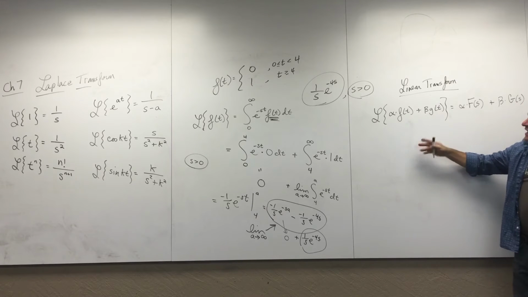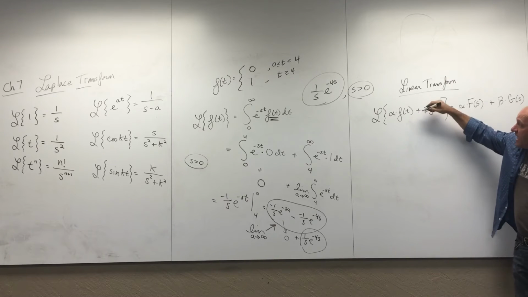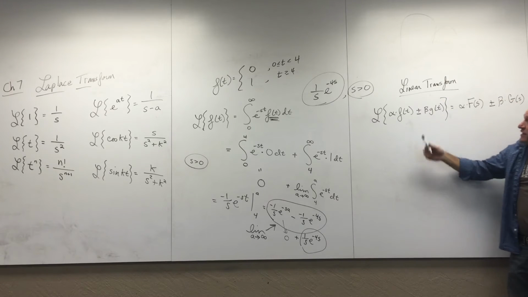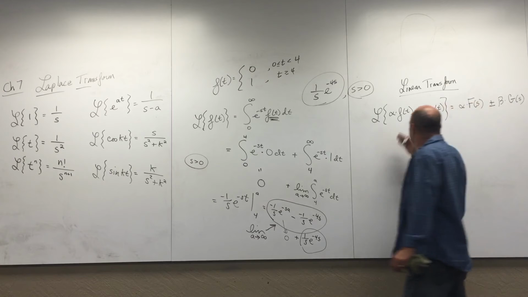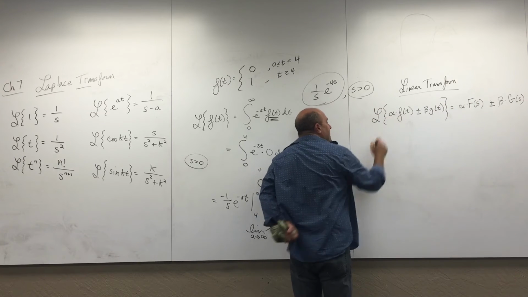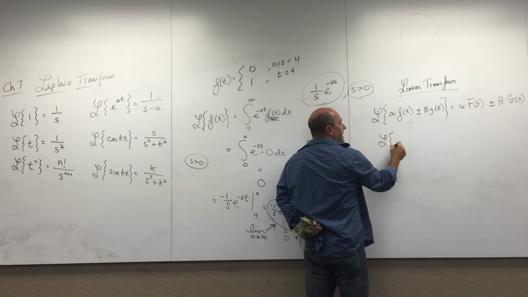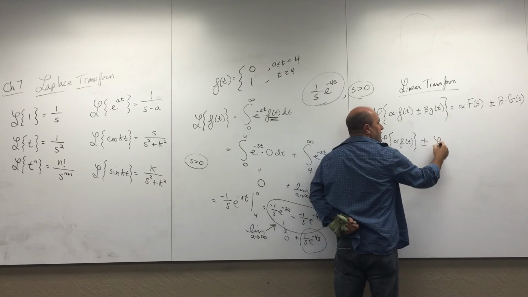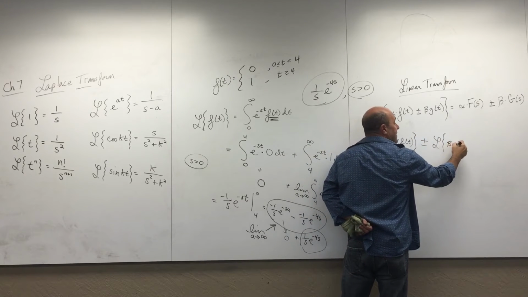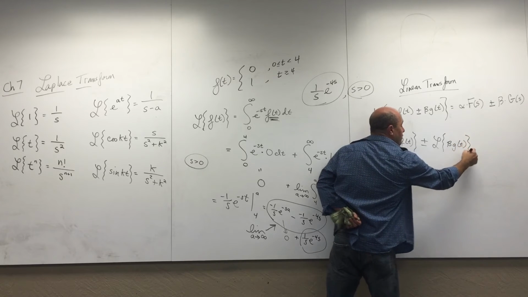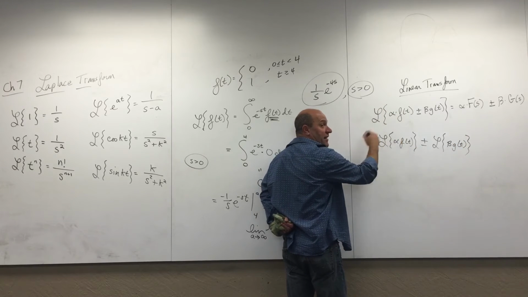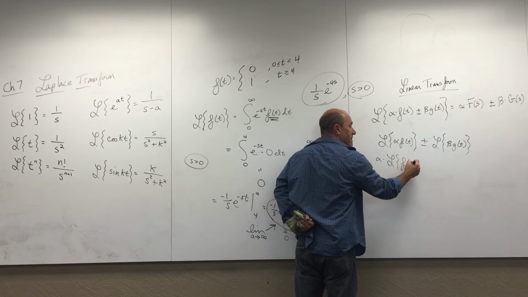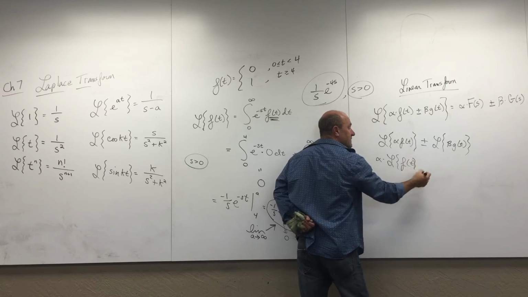And if they're plus or minus together, by the way, maybe I should put plus or minus, you're allowed to do the Laplace of each one of these separately and add them together. Do you understand? And not only that, you're also allowed to pull multiplied constants out front.